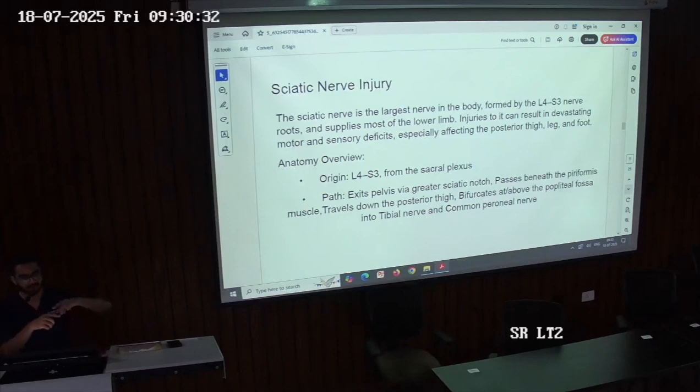So if these are the fibers of the piriformis, then the nerve will be passing within the muscle, because of which if there is a contraction of piriformis, there will be nerve entrapment, and it will cause pain to the patient. And it bifurcates at the popliteal fossa into the tibial nerve and common peroneal nerve.